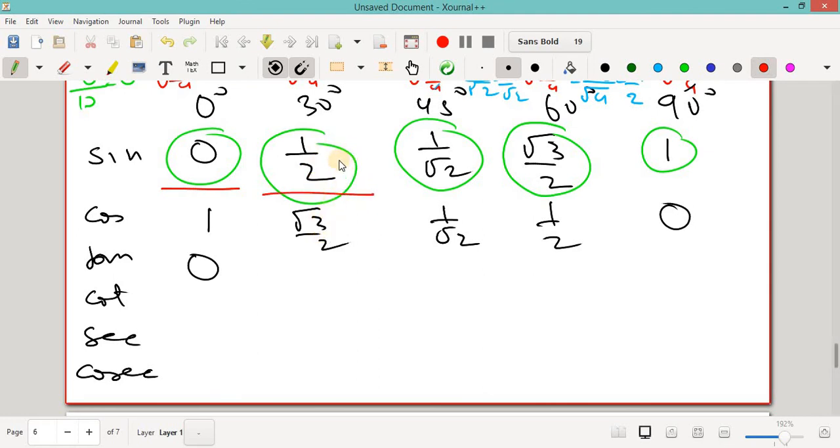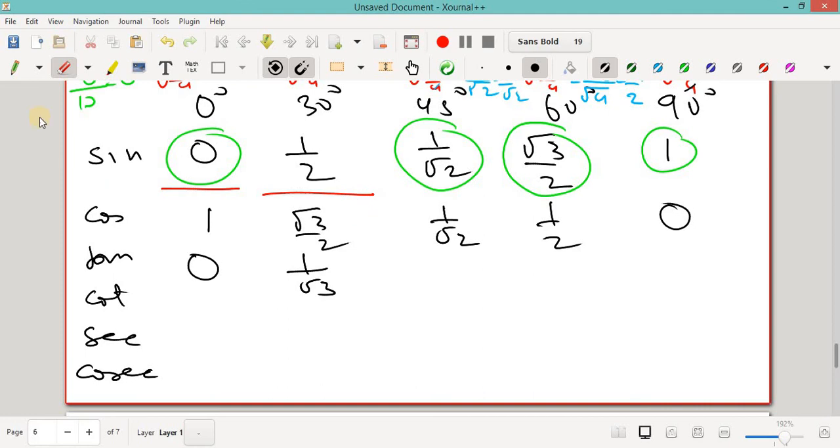Next one is this part, 1 by 2 over root 3 by 2. If I solve this, this will go at the top and this will be like this. If we cut this, the 2 will be cancelled. So what will the answer be? 1 by root 3. Tan 30 is 1 by root 3.